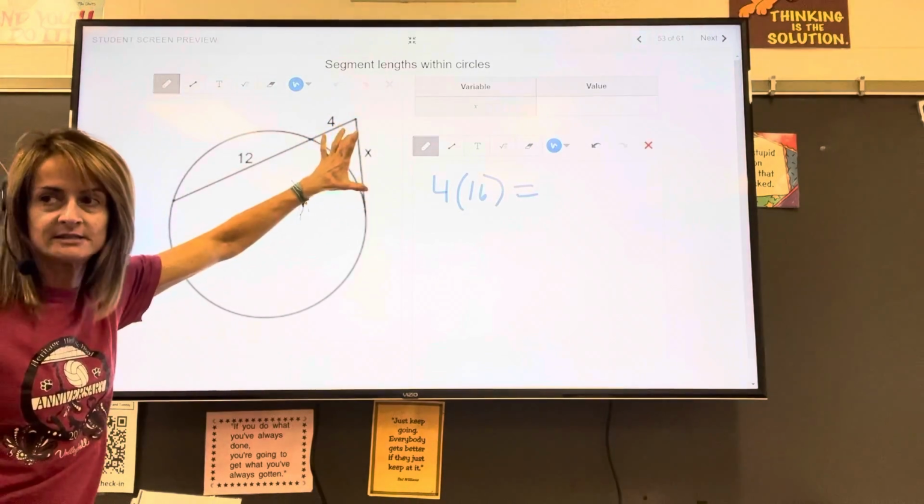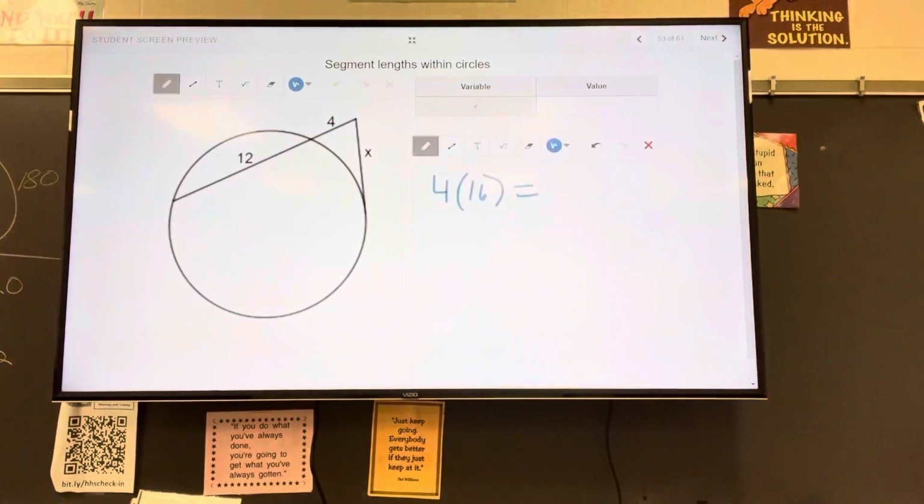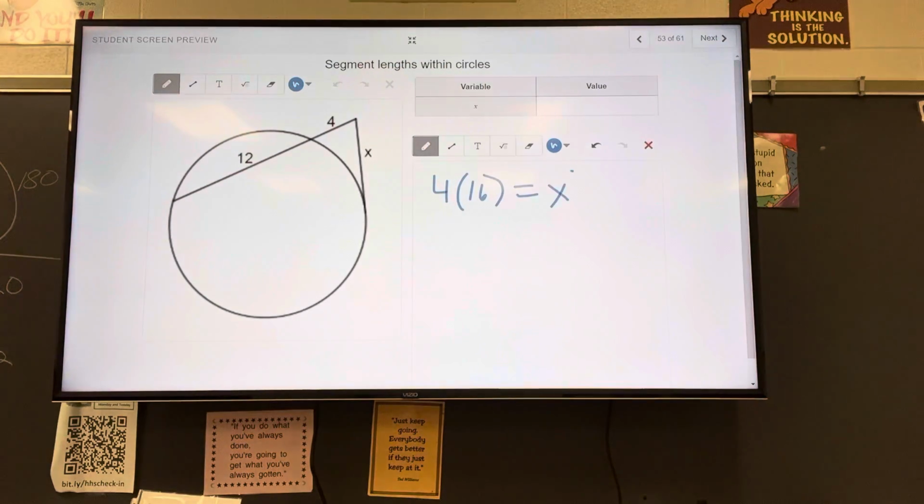So it's just x times x, that's x squared. 16 times 4 is 64. And now we take the square root of both sides to solve this equation. And we get x is 8.